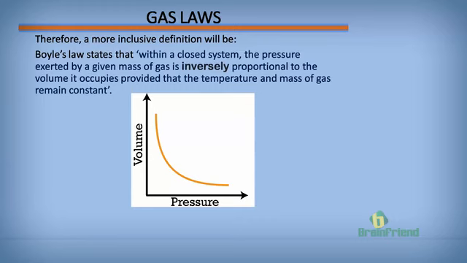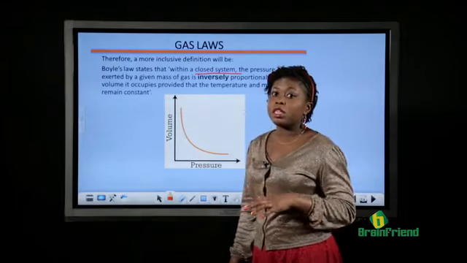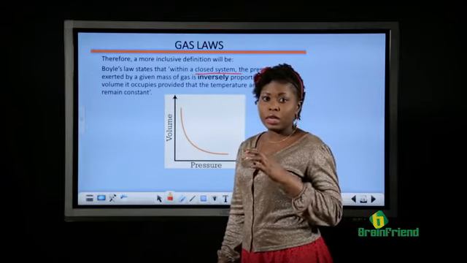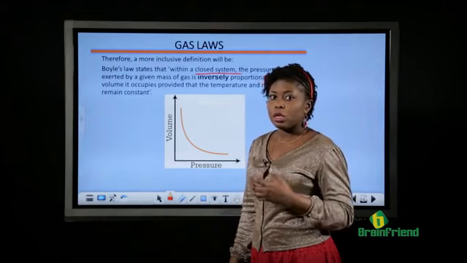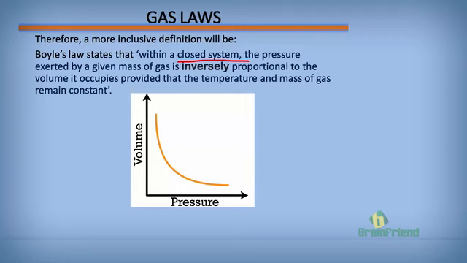So a more inclusive definition will be that within a closed system, because whatever we are talking about is happening in a closed system where no other kind of force such as atmospheric pressure is acting on the gases, we can state that Boyle's law states that within a closed system, the pressure exerted by a given mass of gas or fixed mass of gas is inversely proportional to the volume it occupies, provided that the temperature and mass of gas remain constant.